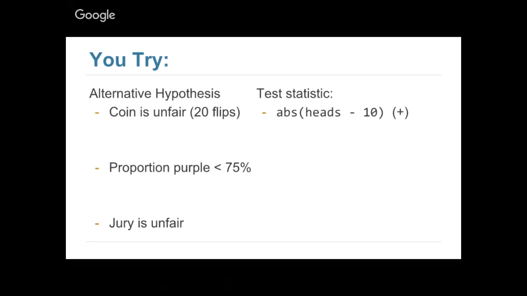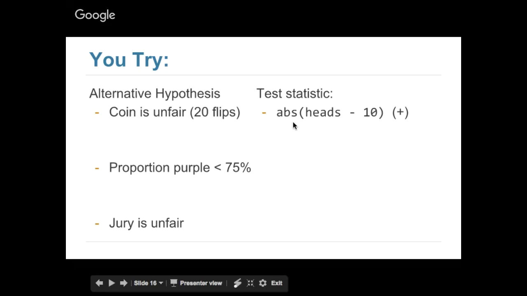Would that allow you to measure a difference? I believe it would. Yeah, so you could also use that because if you get a lot less heads and get 1 head minus 19 tails, you get a pretty big number in the absolute value. If you get a lot more heads, like 19 heads minus 1 tail, you still get a big number as your test statistic. That seems like a valid one to use.